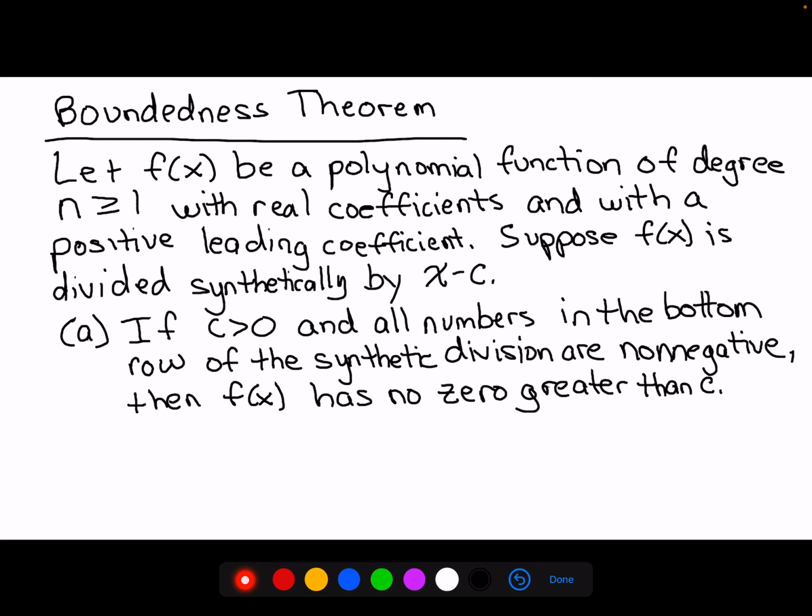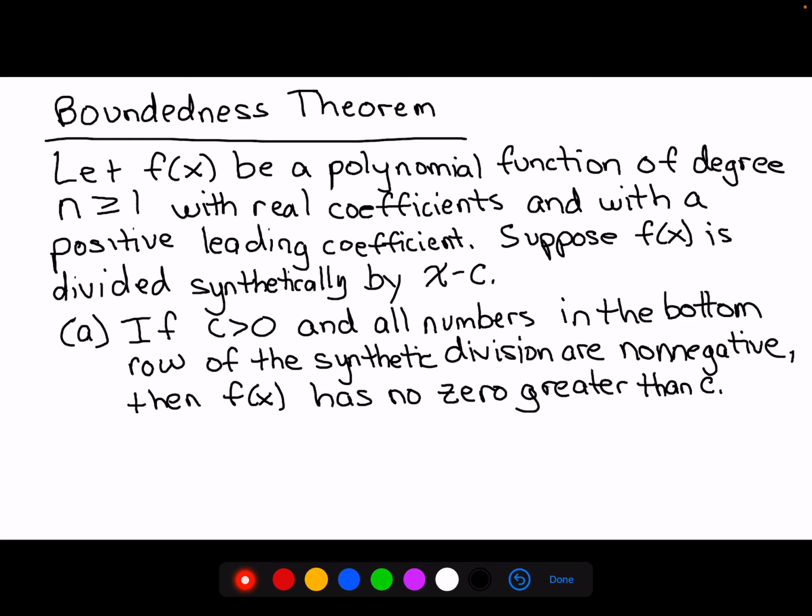All right, so basically if you take a c that's bigger than 0 and do the synthetic division with this polynomial function and get that your entire row with your quotient and remainder are non-negative, so 0 or positive, then that means you have there in your grasp the biggest 0 for the function, assuming that the remainder is 0.